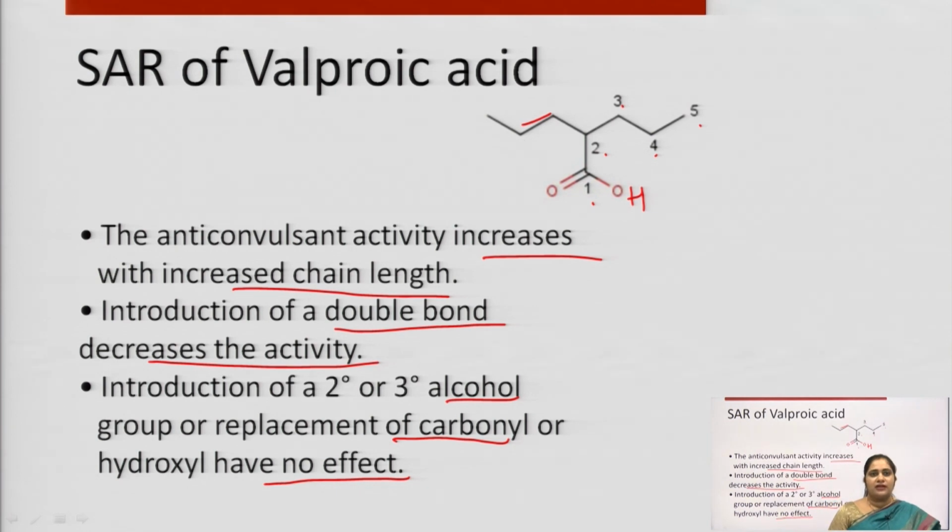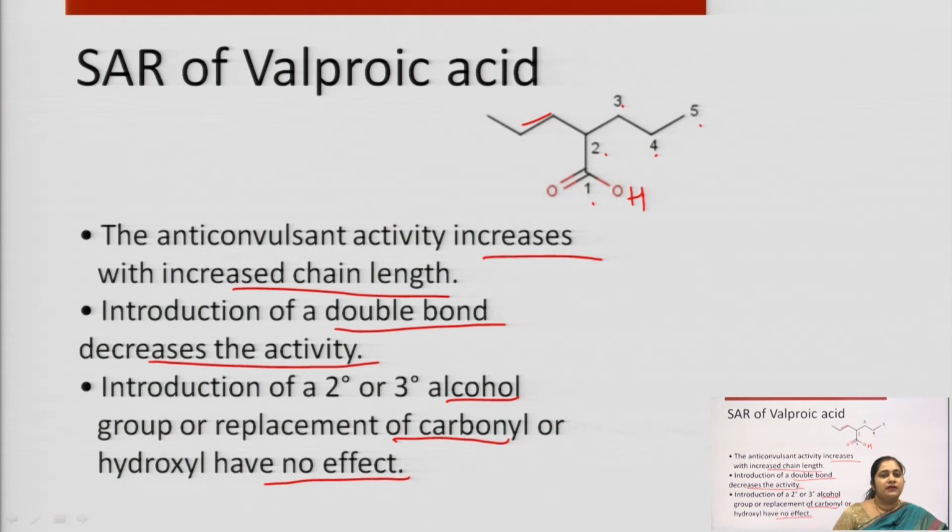Now the structure activity relationship of valproic acid: the anticonvulsant activity will increase if we increase the chain length. We have the main chain of 5 carbons and a 3 carbon side chain. If we increase the number of carbon atoms in these chains, that will definitely increase the anticonvulsant potential.